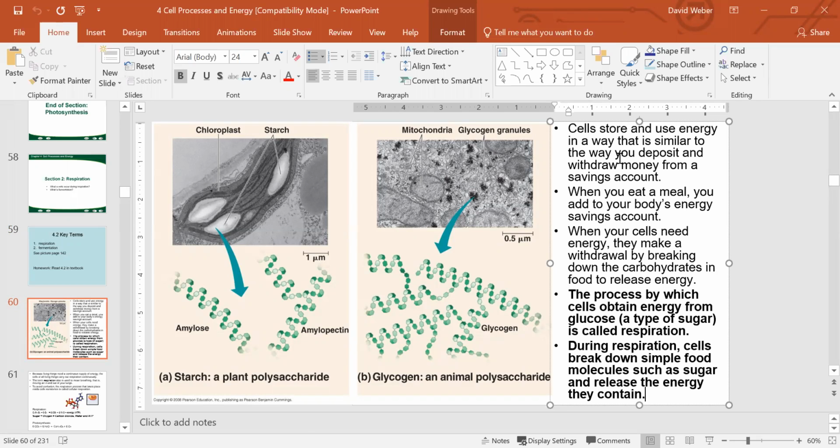Okay, so write down the process by which cells obtain energy from glucose is called respiration. During respiration, cells break down simple food molecules such as sugar and release the energy they contain. You absolutely, positively need to write both of those down for me. So go ahead, write them down.